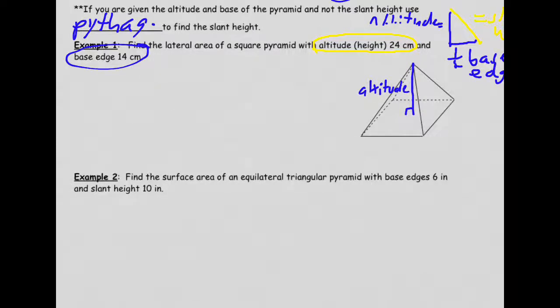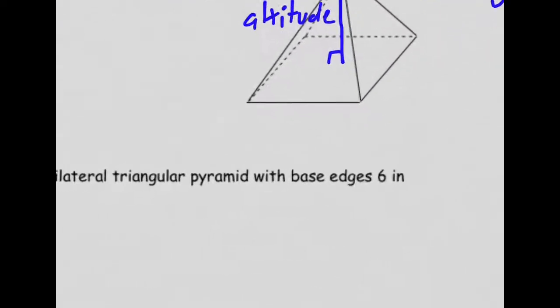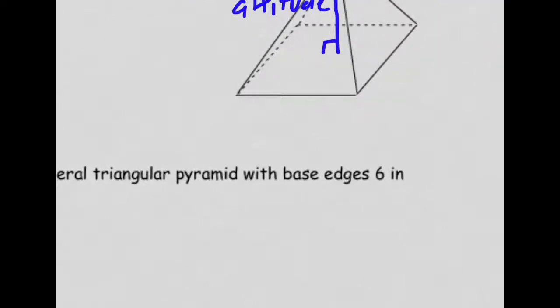The base edge is the bottom edge of the triangle. This is the whole base edge. What is the base edge of this pyramid? 14, right? Well, if that's the base edge, then what do you think this line is, right to the middle of one of the sides? 7. You got it. It's just 1/2 of the base edge.